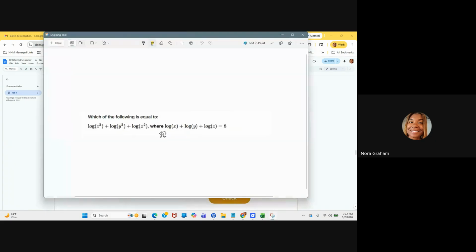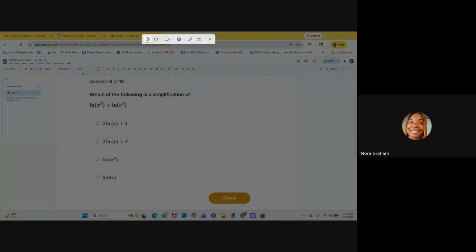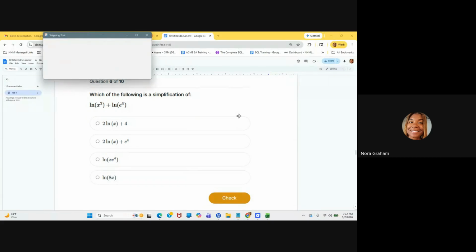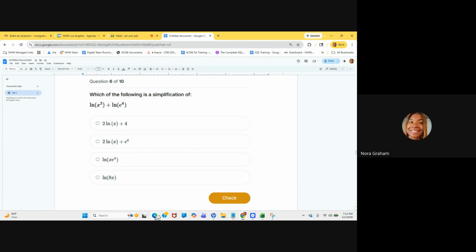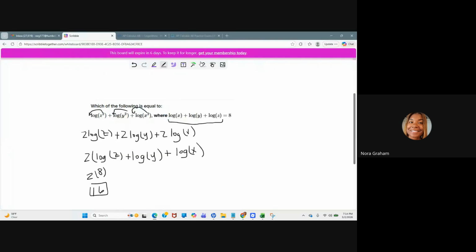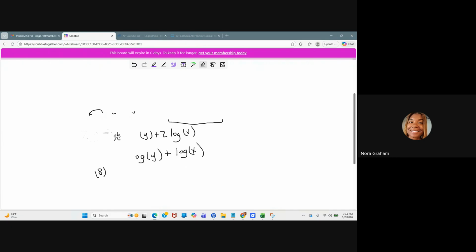Number 6. Let's erase all this. This one we're going to deal with ln e to the power of something. This is another property.